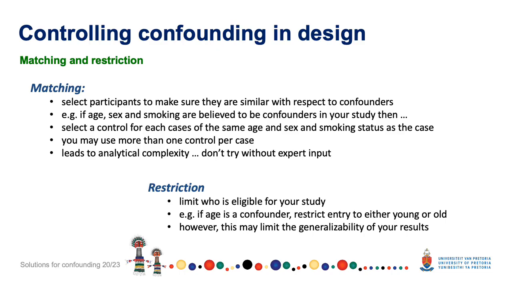Then age and sex would not be a problem anymore. They shouldn't cause confounding if you match age and sex out. You could also match for smoking status, parity, and so on, as the case may be.